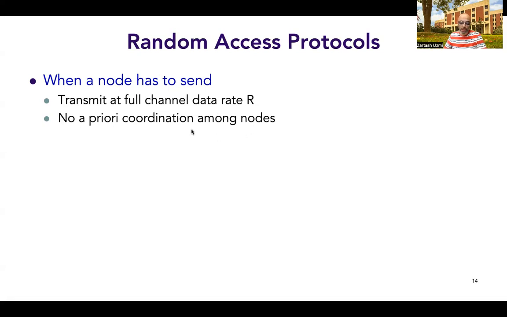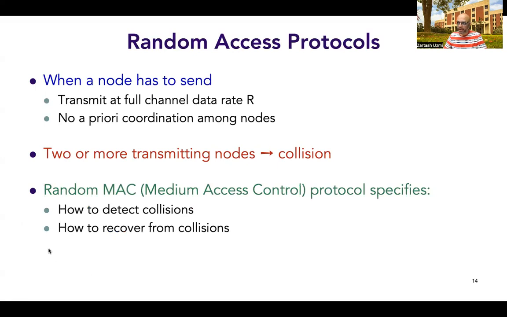There is no a priori coordination between the nodes about who will be transmitting. So if 2 or more nodes are transmitting at the same time, this will lead to collision.